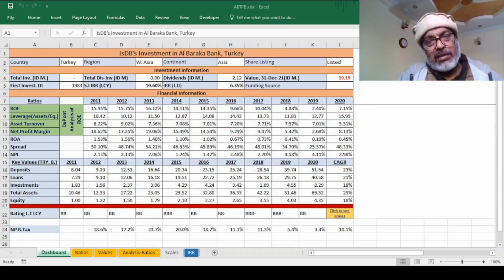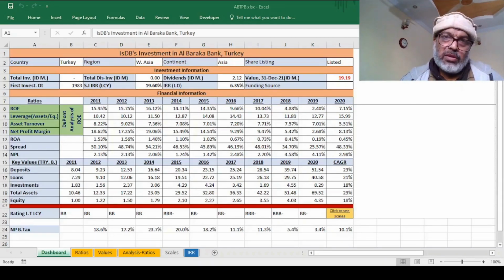I made a balanced scorecard of it. It was investment in 15 banks all over the world, including in Pakistan, in Turkey, in Eastern Europe, and in Africa, Middle East, and Gulf.